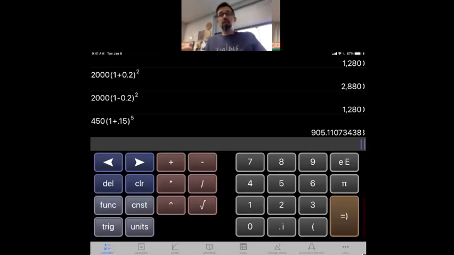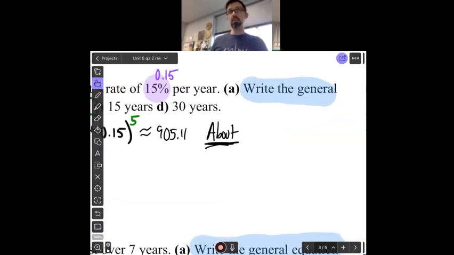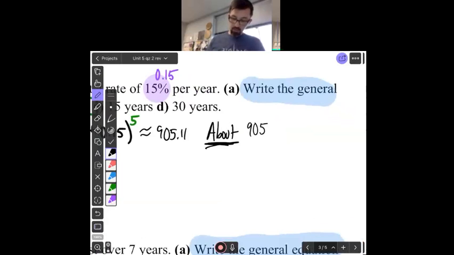Okay. But we're talking about turtles here. How do I round turtles? I don't have 0.1 of a turtle. So 905.11 should be about, or around, or approximately, okay, we talked about using one of these words, 905 turtles.